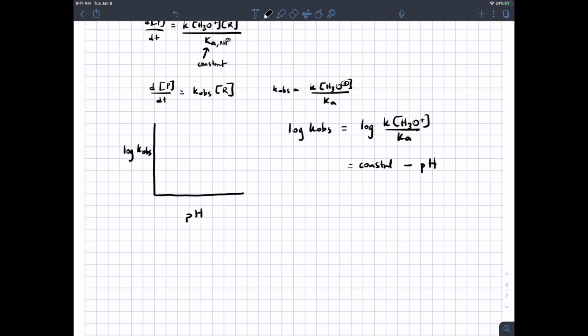And that tells you that the slope should be linear with slope minus 1. And that's in fact what we observe. That's a characteristic of specific acid catalysis.